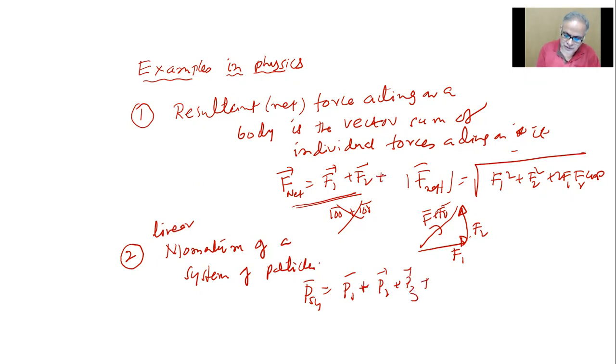Even here you could write F1 plus F3 also, but we are using only F1, F2, for example. In that case, this formula, right? Otherwise, we need to find the sum of these two first and then add it to that. If you want to use the law of parallelogram or triangle of vectors for many vectors, this should be reduced to one, then this should be added to it, which we generally don't do. We have got other methods to do that.